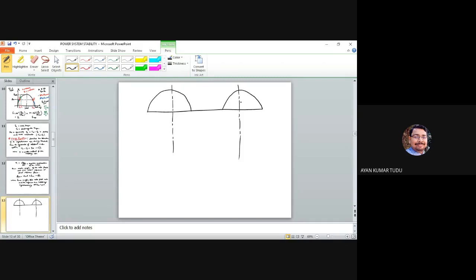It should be in the middle. I hope you are getting the point. So this is omega sm t.